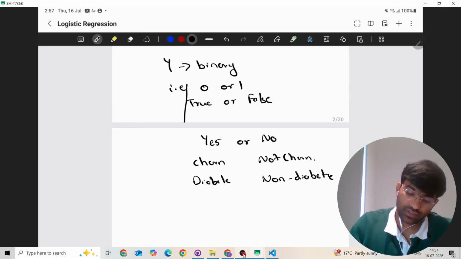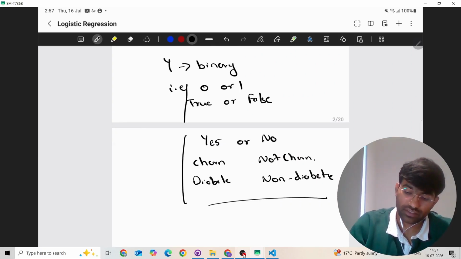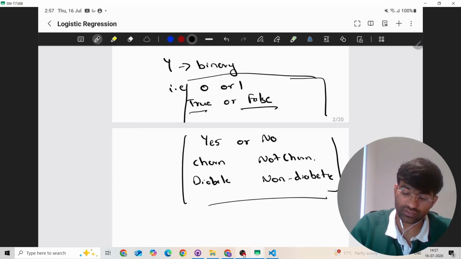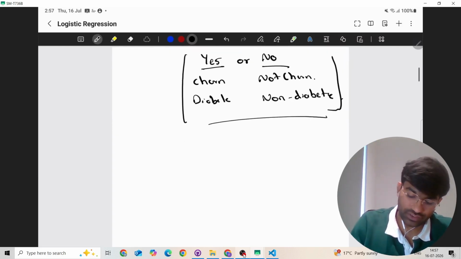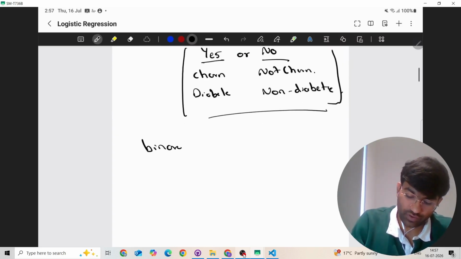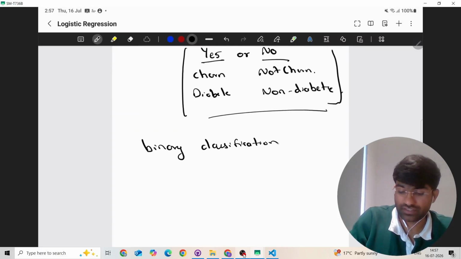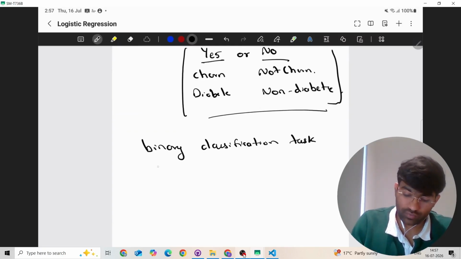So if the output value is only 2, either true or false, either yes or no, either 0 or 1, this is known as binary. So logistic regression is used for binary classification tasks where the output is either 0 or 1.